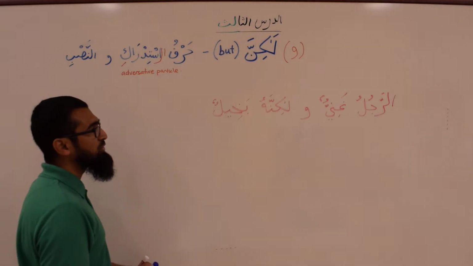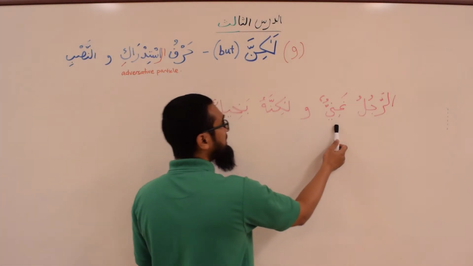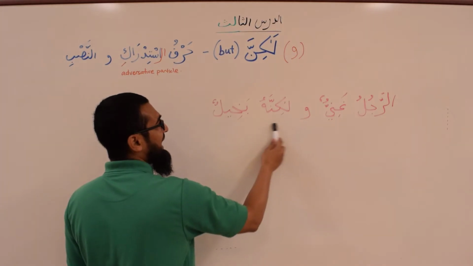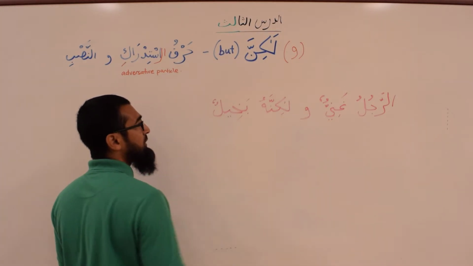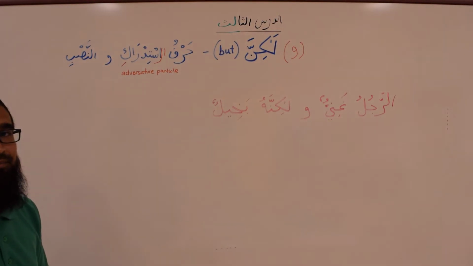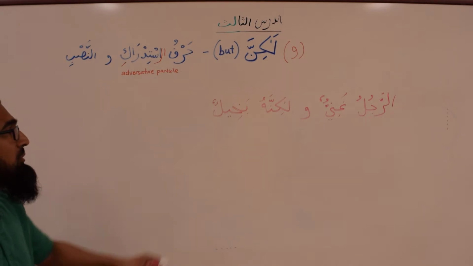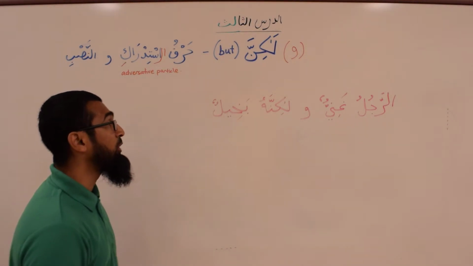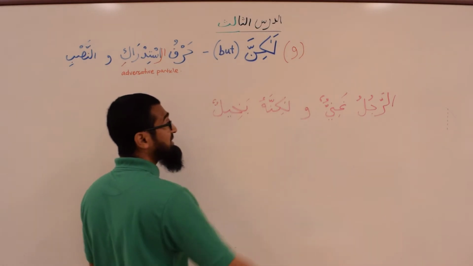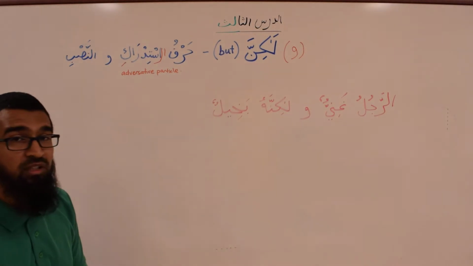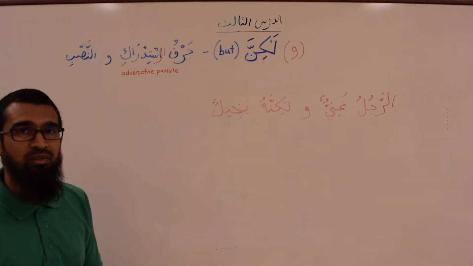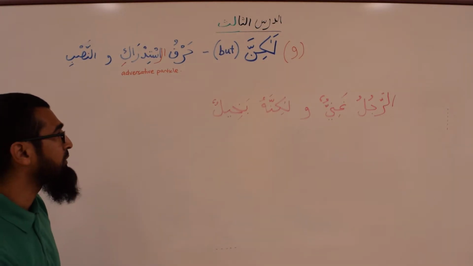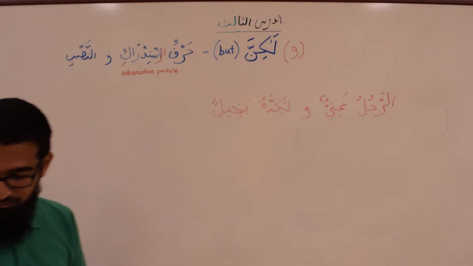The man is rich, but he is bakhil, he is stingy. We could have eliminated the waw and just said الرجل غني لكنه بخيل, and that would be fine. Okay. Another example.